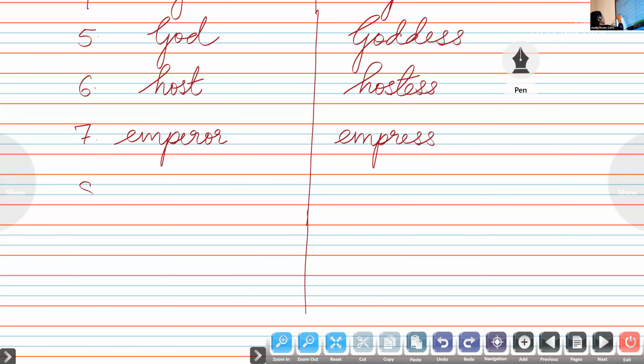Now we'll move on to the eighth word, that is monk. Monk, the opposite gender for monk is nun, N-U-N, nun. Nun means we have seen sisters, so the opposite gender for the sisters is monk.